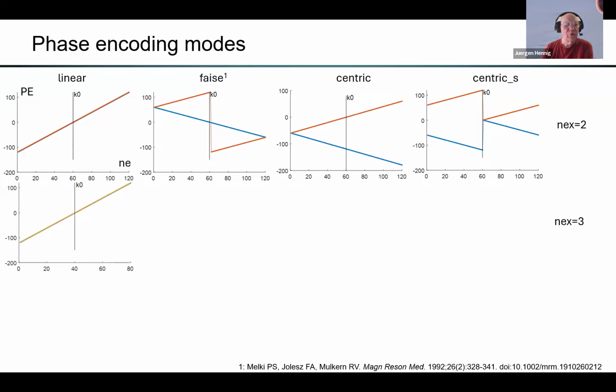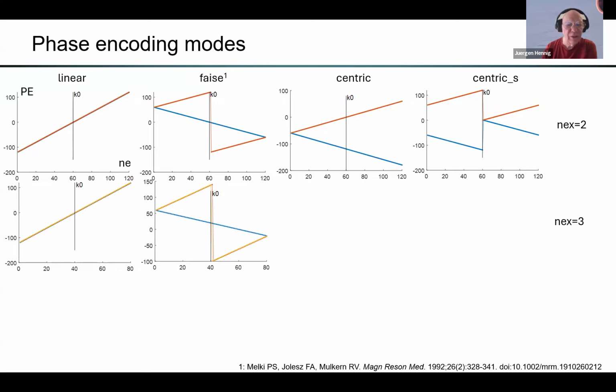It starts to look quite different if you have an odd number of echo trains into which you distribute the phase encoding. For linear, everything is the same, just one more echo train.